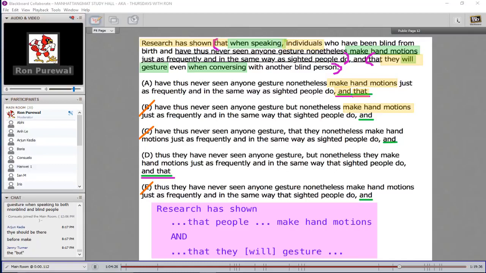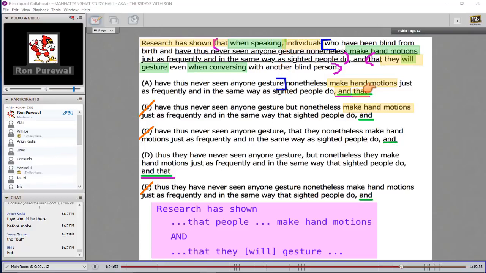But consider the way that this blue modifier works. Smiley face, if you see, it's broken up across the underline and non-underline, which makes it a little harder to see. But if you see how that blue modifier works, the grammar exclusive of it is individuals nonetheless make hand motions. That's not parallel to have never seen anyone gesture. This is a description of individuals.